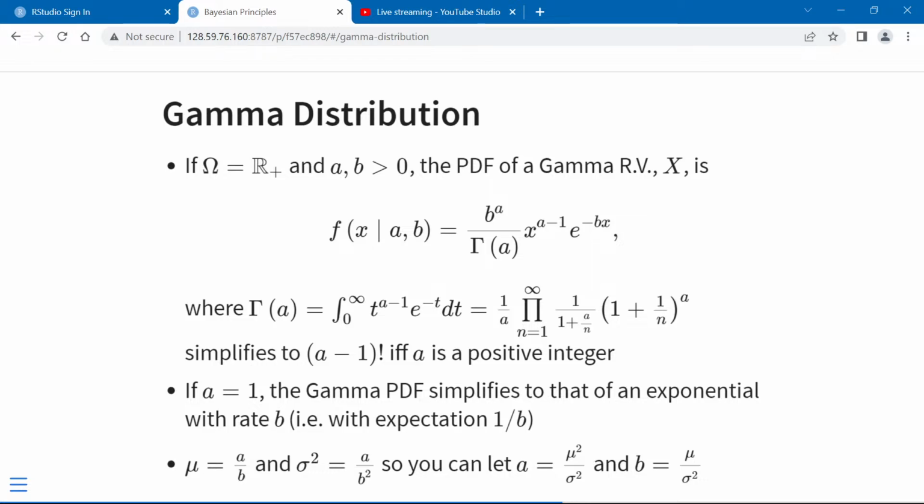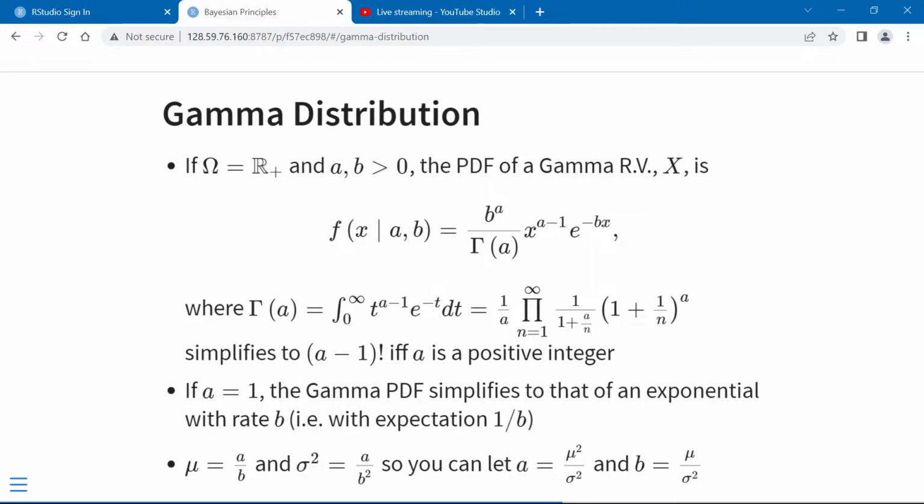But this gamma function ensures that the PDF for the gamma distribution integrates to 1 over all values of x in the sample space, which are all of the non-negative values. Moreover, we can see that if a is exactly 1, the gamma PDF simplifies to that of the exponential distribution with rate b.